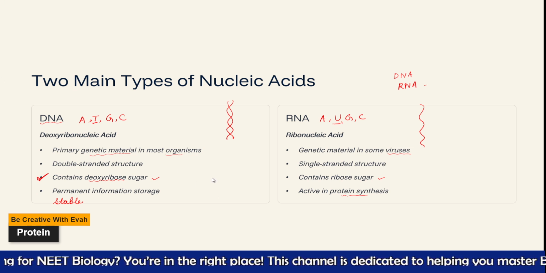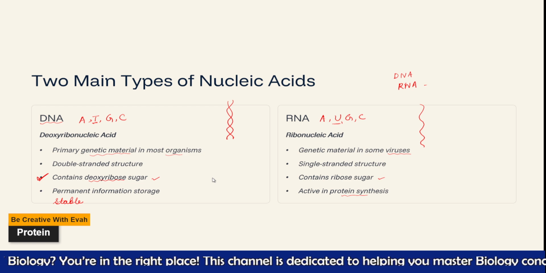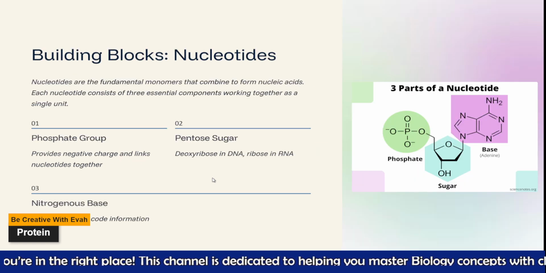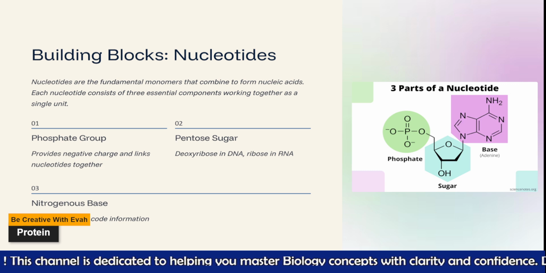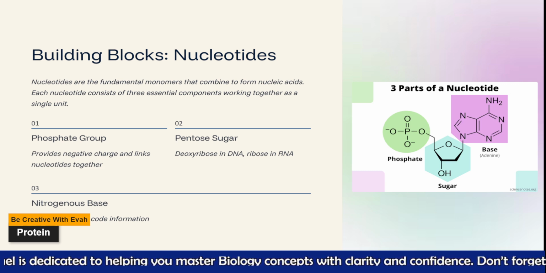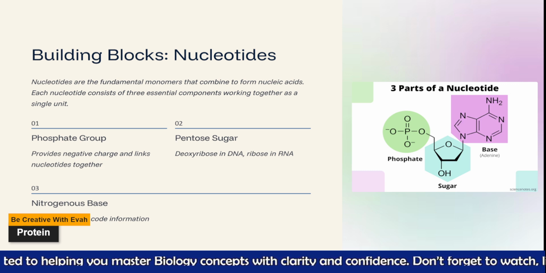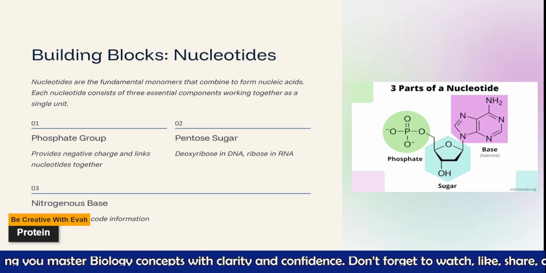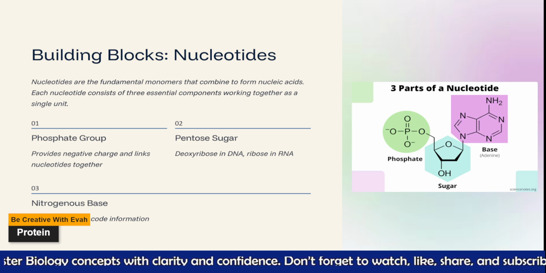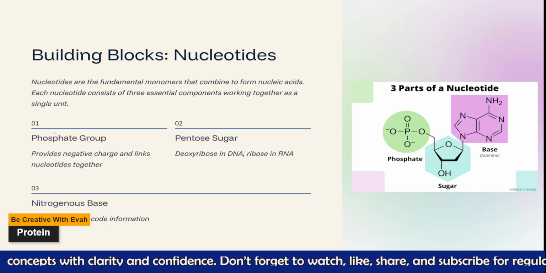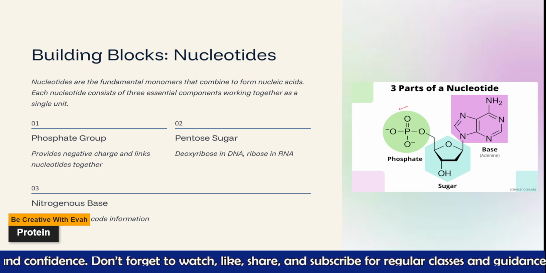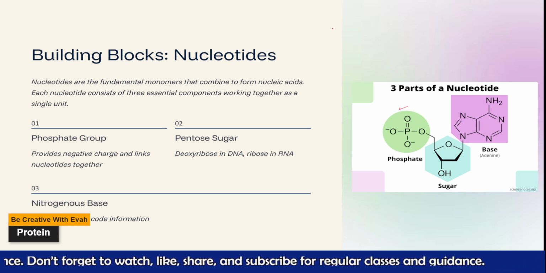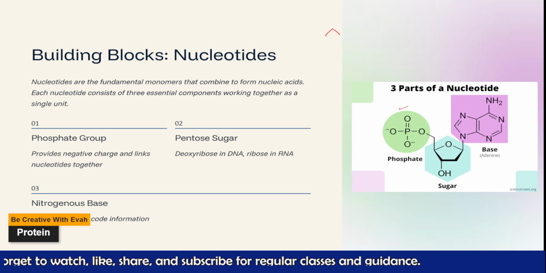Now we will discuss in more detail the structure of the DNA. In the previous class, this is just a recap, we learned the building block of DNA nucleic acid, that is nucleotides. We know that the components of nucleotides are a phosphate group, pentose sugar, and a nitrogen base. This is the structure. Basically, this is the furanose form of the sugar.